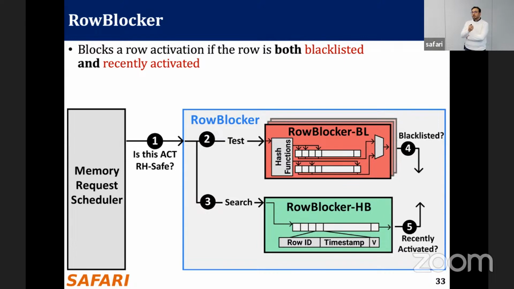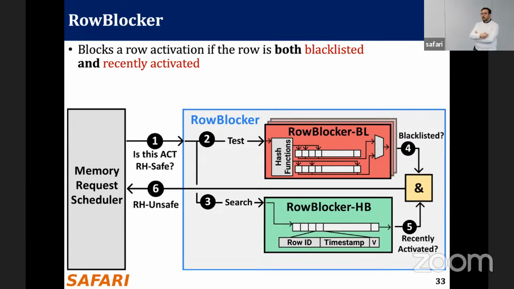If the blacklisting logic says this row is blacklisted, and the history buffer says this row was recently activated, then the following row activation might be unsafe. So it returns unsafe to the memory request scheduler, and the scheduler does not perform this row activation. Instead, it can perform some other memory command.